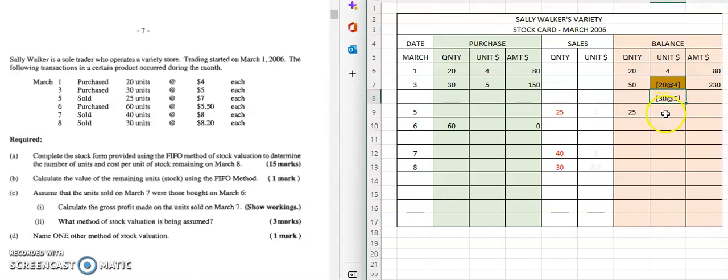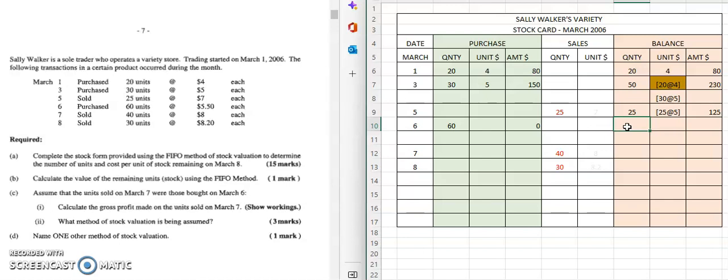So which means she's going to be left with 25 at $5. So therefore, the value of her stock on March the 5th, after she sold those 25 items, would be $125. Okay, there you have it.